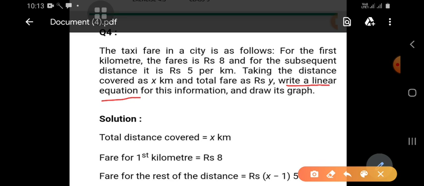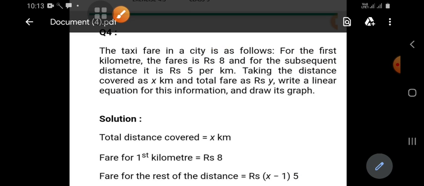The given conditions are rupees 8 for 1 kilometer, and for the subsequent distance it is rupees 5 per kilometer. This is the information. With the help of this information you have to make the linear equation. Now we will try to find it.